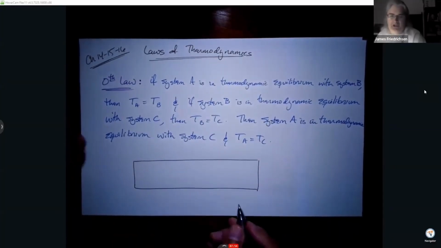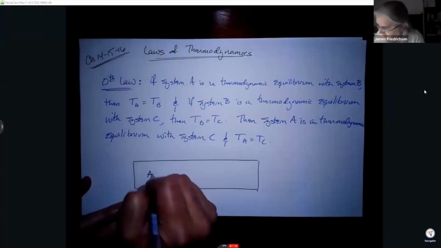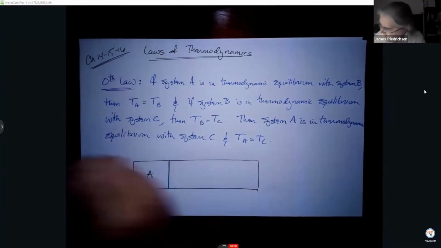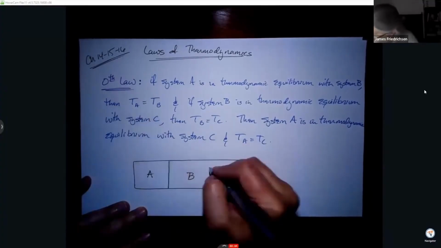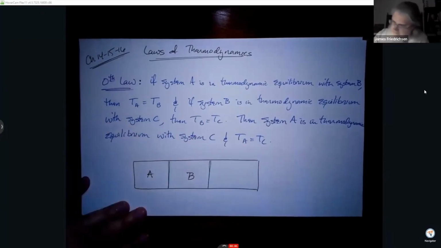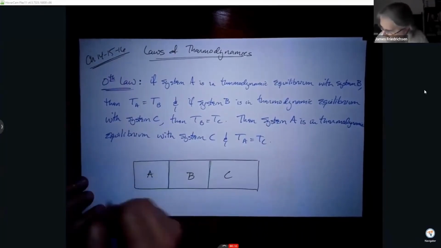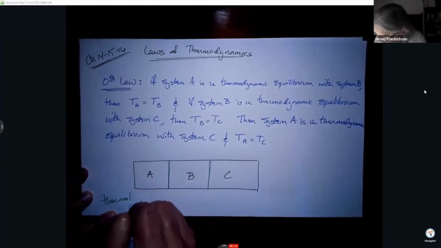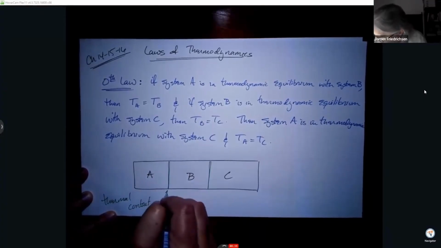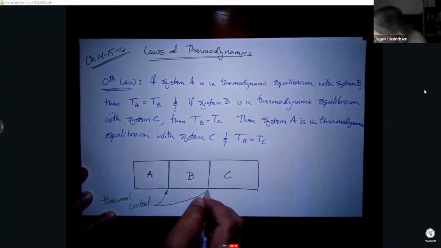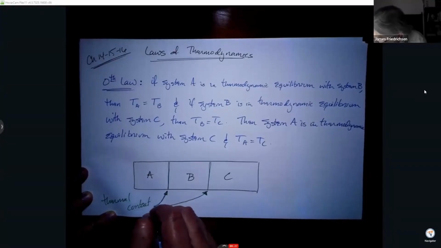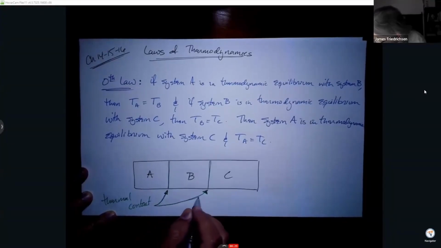Okay, and this is the general diagram that we have: our system A, then our system B, and then our system C. This indicates that these are in thermal contact. You see A isn't directly in contact with C.